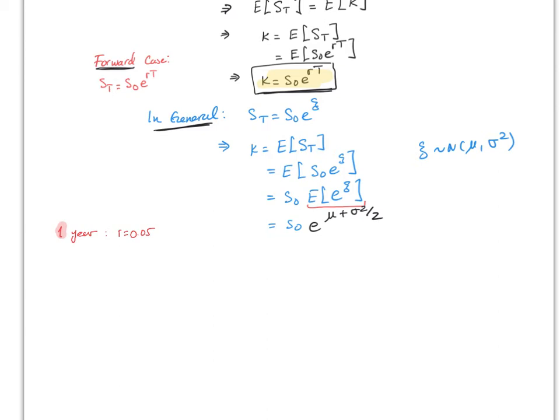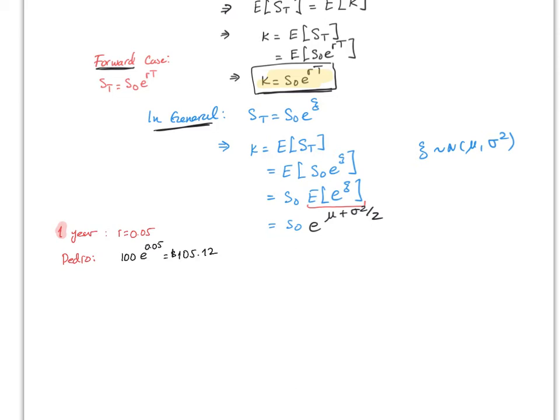So let's look from the point of view of Pedro first. If Pedro sells the gold bar right now, he will get $100, and then if he puts that in the bank, in 1 year he will get $105.12. So therefore, the least he can expect to get should be 105.12.